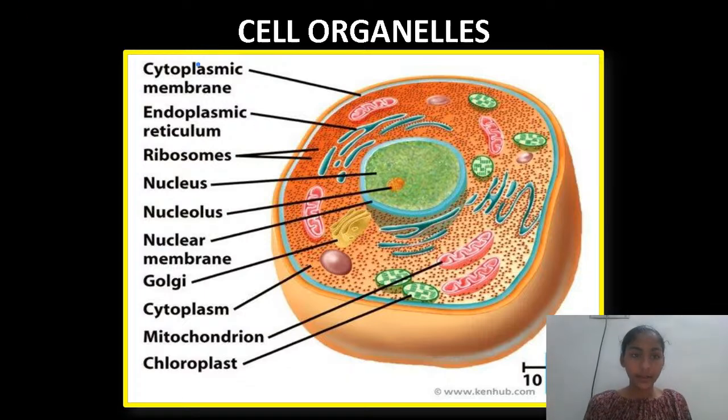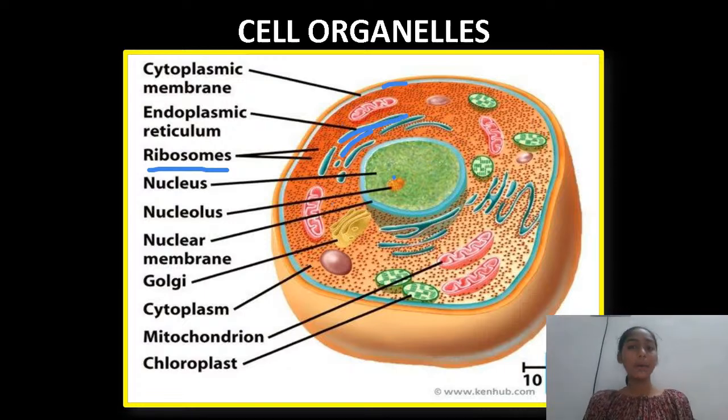Cytoplasmic membrane. This is another membrane of the cytoplasm. Endoplasmic reticulum is of two types, RER and SER. RER is the rough endoplasmic reticulum and SER is the smooth endoplasmic reticulum. Ribosomes are the small tiny dots visible on the cell.